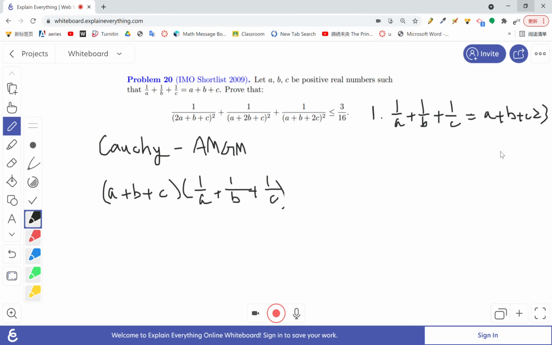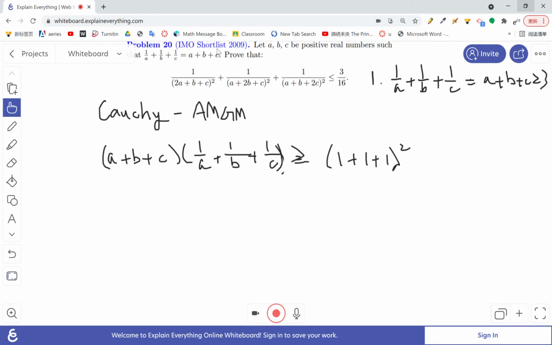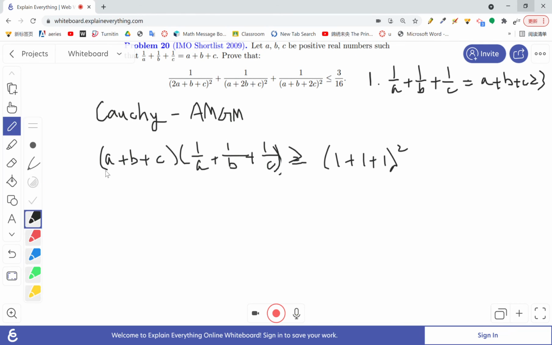Okay, so next we're going to use Cauchy-Schwarz, sorry for the wrong pronunciation perhaps. This is greater than or equal to (1 plus 1 plus 1) squared, right? This is a general application of Cauchy-Schwarz, and since these two are equal, we can just say (a plus b plus c) squared is larger than or equal to 9.